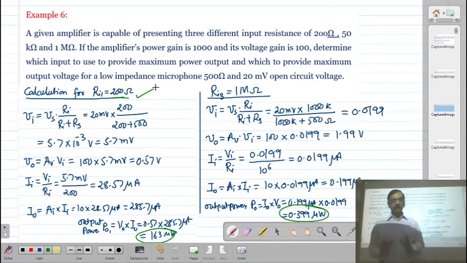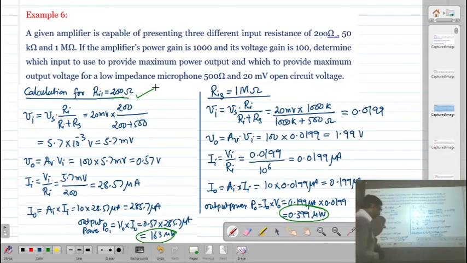So if the amplifier's input resistance is low, you will get a maximum output power. Okay. Then second thing, to provide a maximum output voltage.